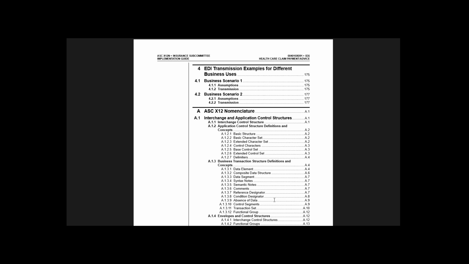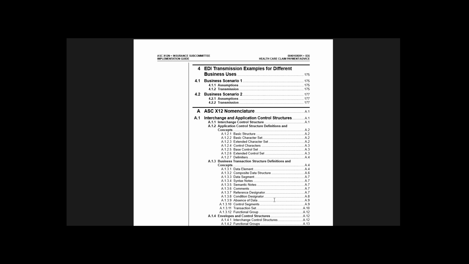For the 835, before the 835 can be generated, there has to be a claim in place for which the payer can create the 835 by providing all the payment information. And when we say payment information, it means the claim is paid, the claim is denied, the payment is reduced. Everything comes under that. And that is what the 835 is going to carry.